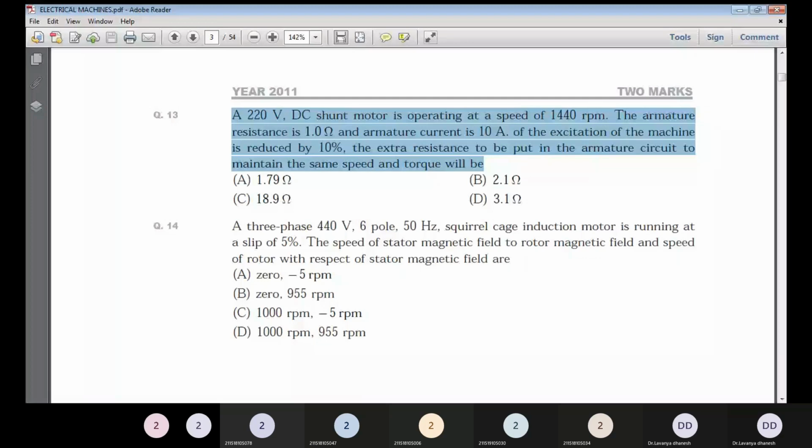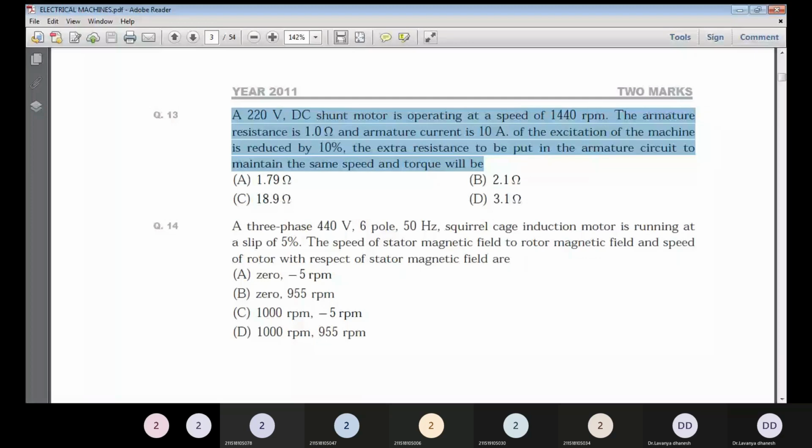So EB is equal to V minus IA into RA plus R. So from that we are going to calculate the additional resistance.